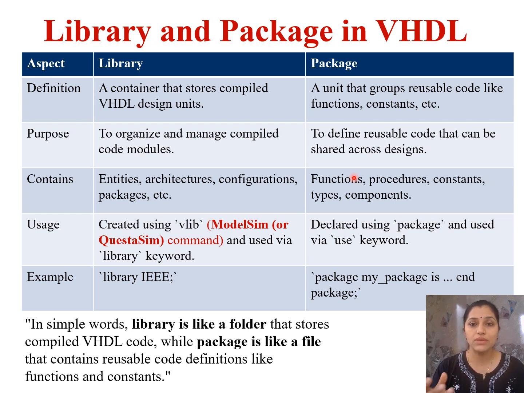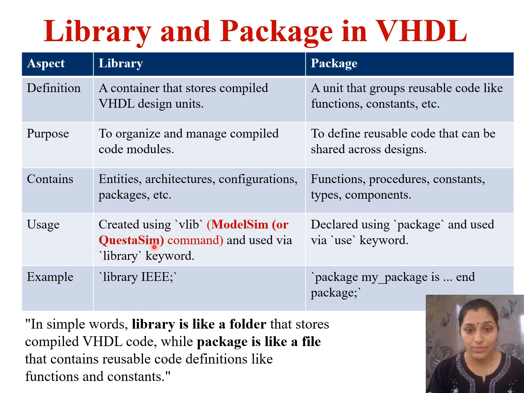If I want an addition program for addition of two inputs, then I'll write that program in my package, and when I include that package in my new code, I can get access to that code. Library contains entities, architectures, configurations, packages, etc. Whereas package contains functions, procedures, constants, types and components.